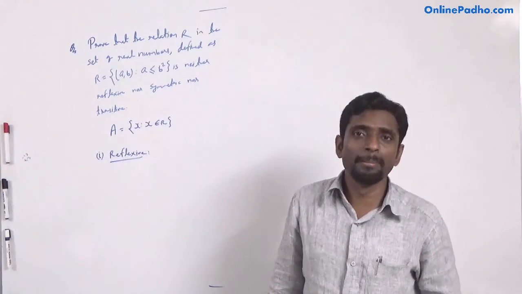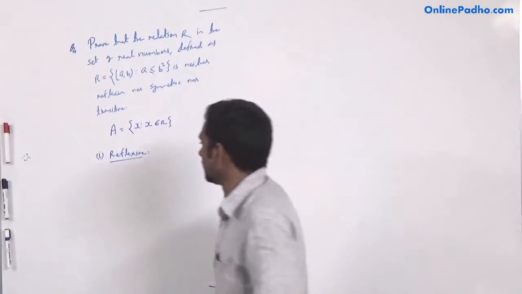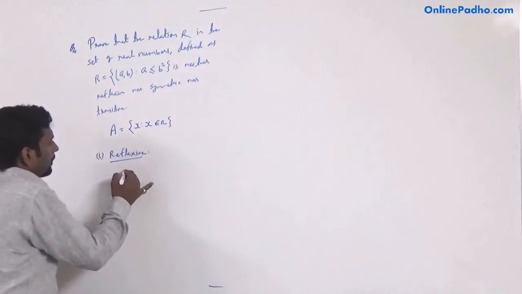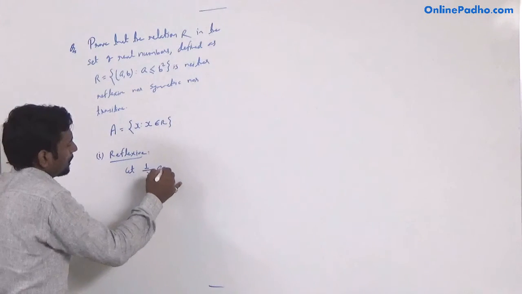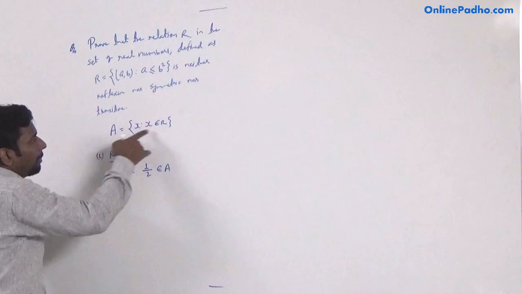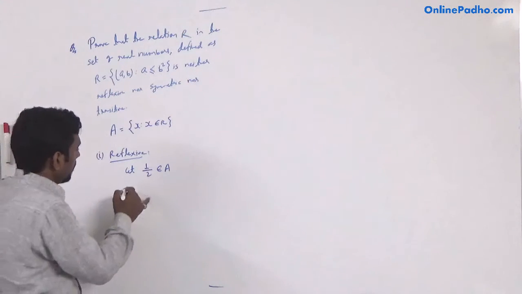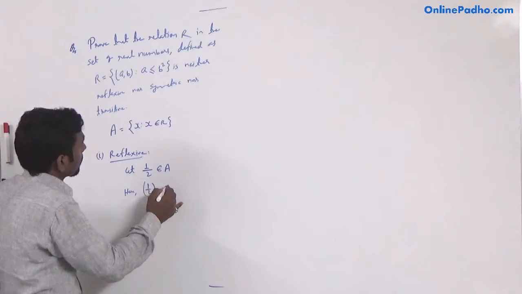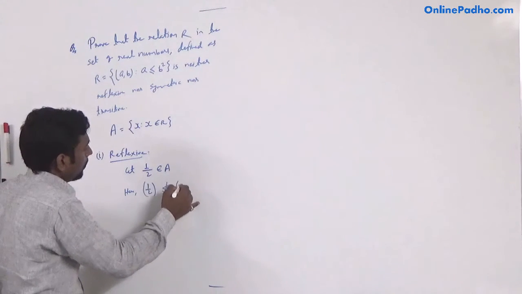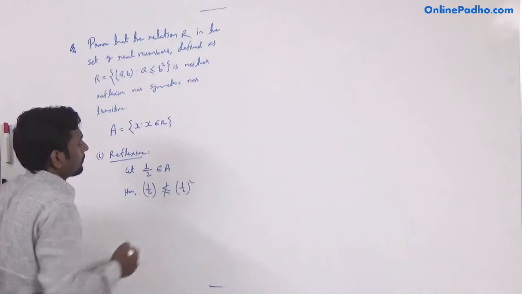We can take any example of a real number. Let us see. Let 1 by 2 belong to set A. Why? Because 1 by 2 is a real number. And now here, 1 by 2 is not less than or equal to 1 by 2 whole square.